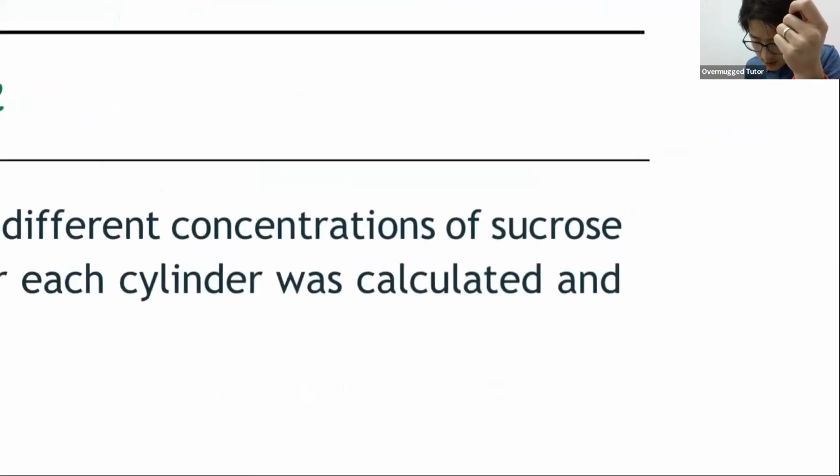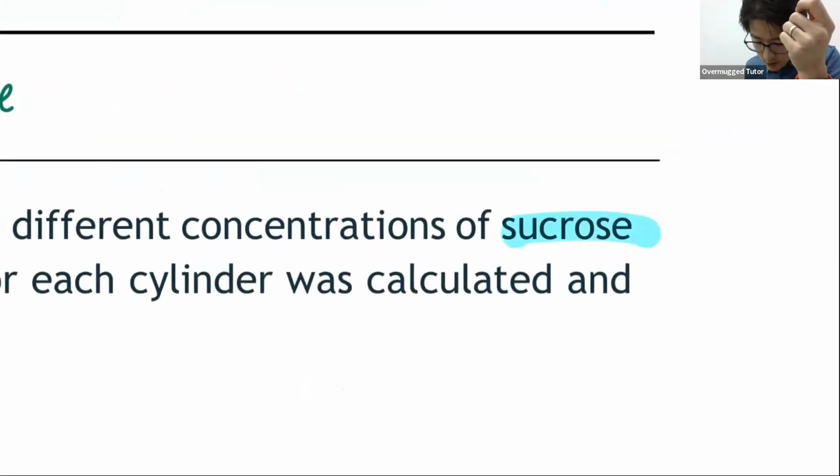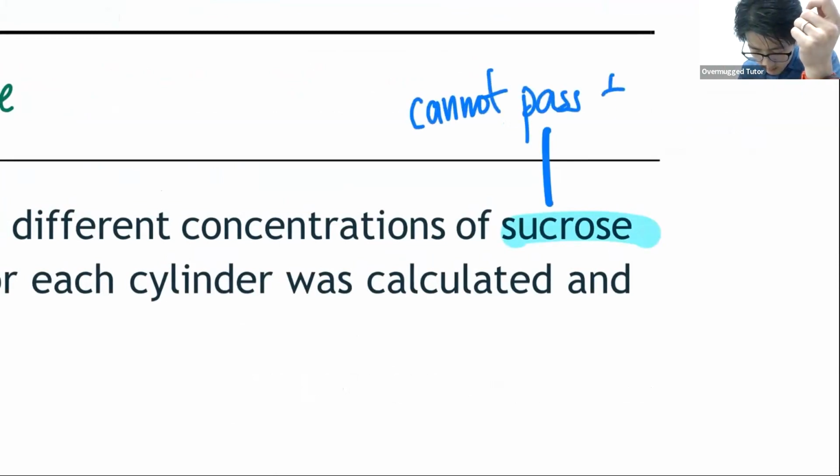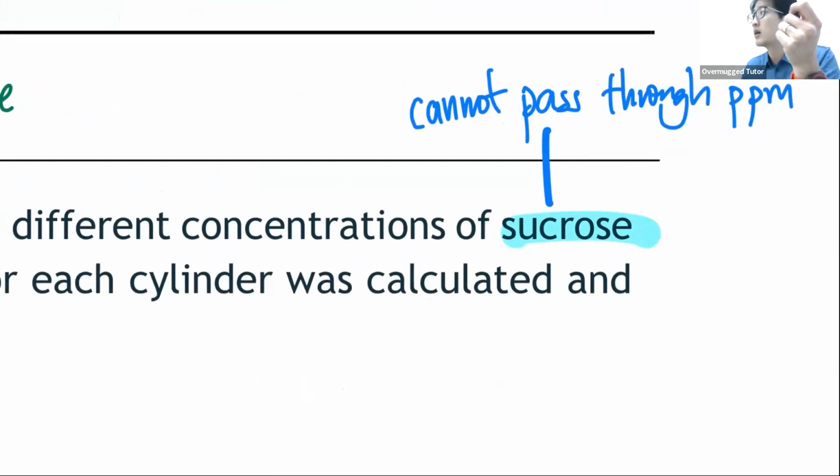Unless the question specifically states the movement of sucrose, most of the time in our questions, we will say that this one cannot. Ryan, ppm stands for? Wonderful answer, thank you. So keep that in mind. Yes, we're looking at osmosis of water.